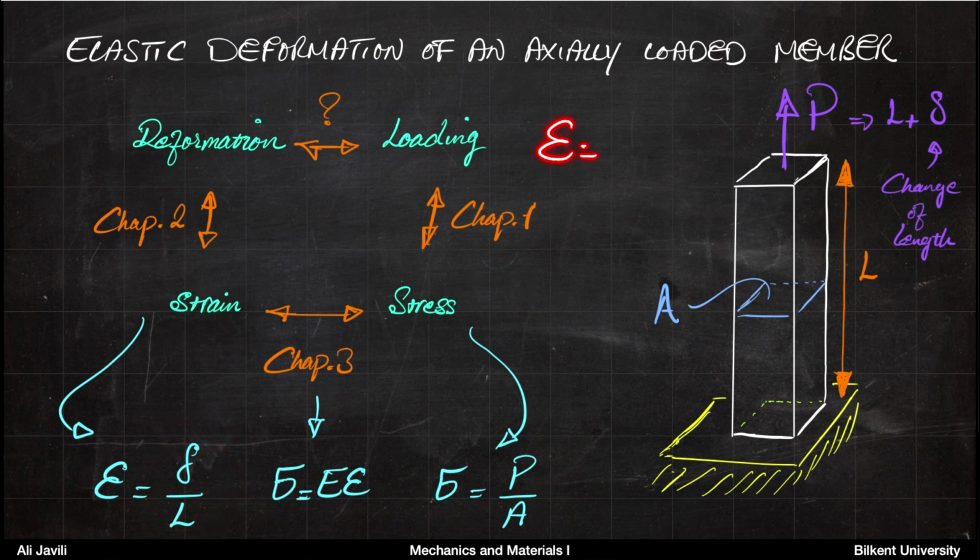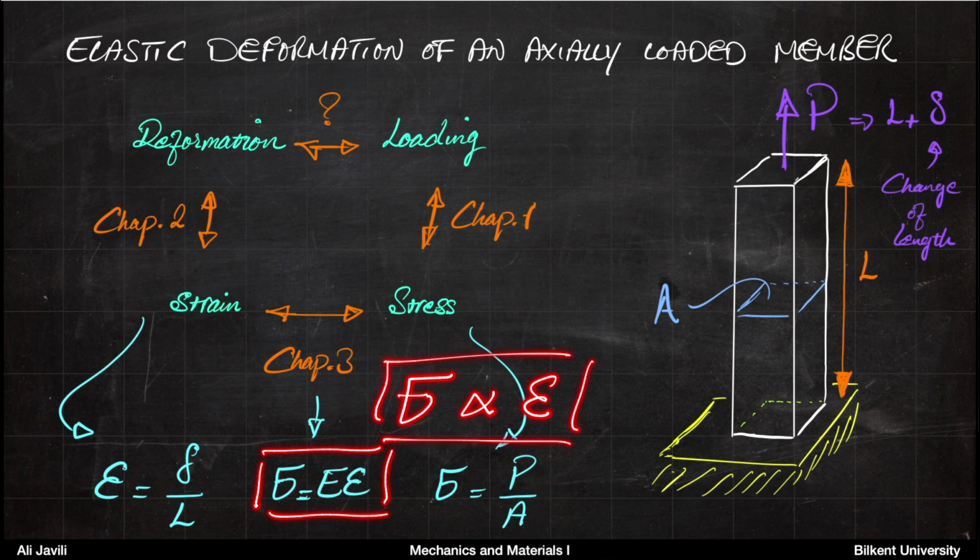The strain is also the normal strain, and that's delta L divided by L. And from chapter 3, we learned that a linear elastic, or Hookean, material corresponds to sigma equals E epsilon, or let's say stress is proportional to strain if it is linear elasticity.